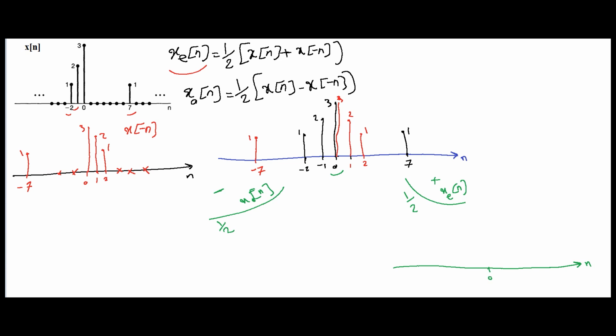At n equals 0, we have 3 plus 3, which gives 6. Multiplying by 1/2 gives 3.